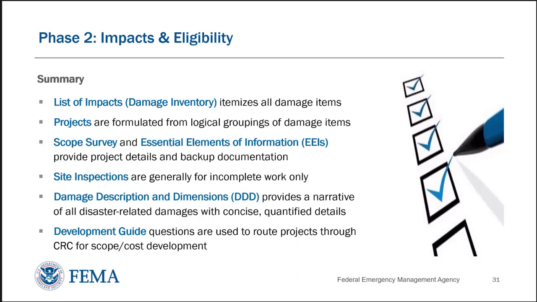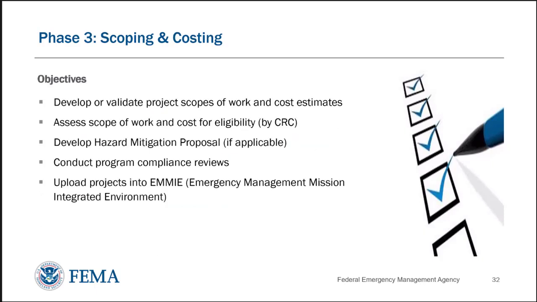Make sure you get those questions answered because, again, scoping and costing coming up in phase 3 requires all of these to move efficiently toward obligation. Because as I mentioned earlier, Grants Manager and Grants Portal is the system of record. It's that repository that enables FEMA to basically trade documents for dollars.